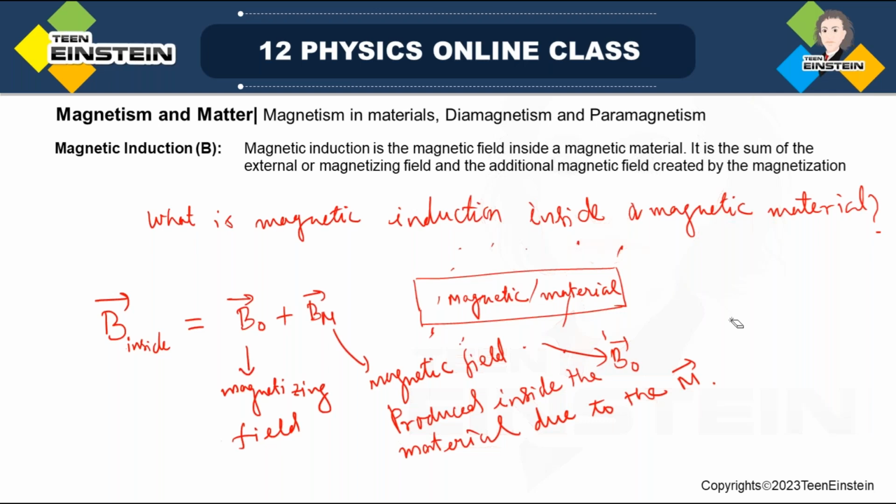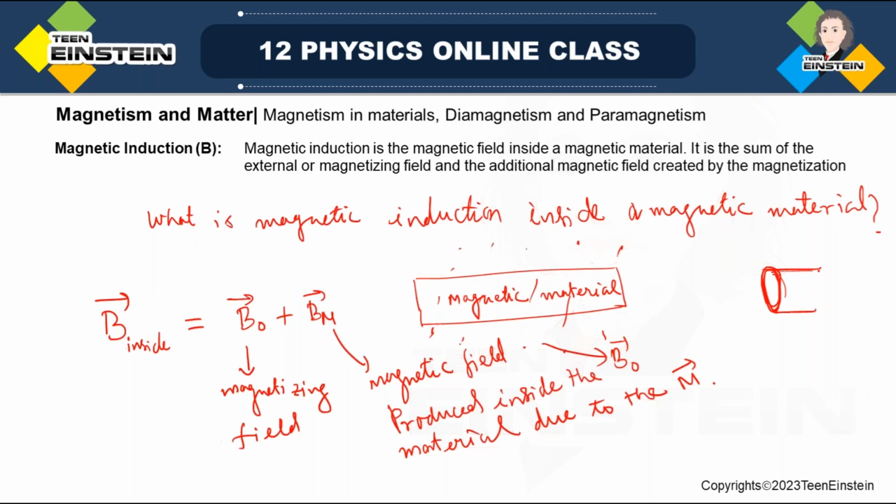Sometimes the magnetic induction is also defined as the total number of magnetic field lines crossing per unit area normal to the surface of a material. Suppose I have a magnetic material whose cross section is like this.